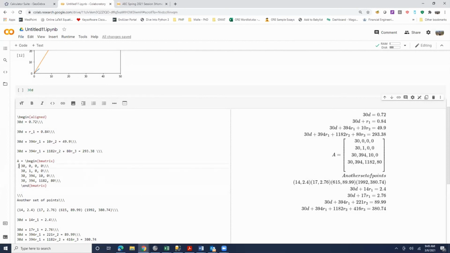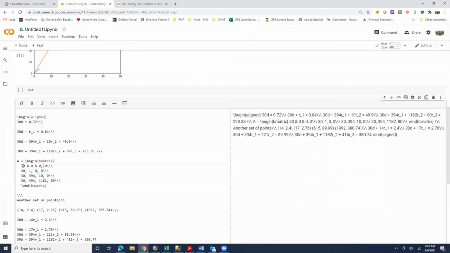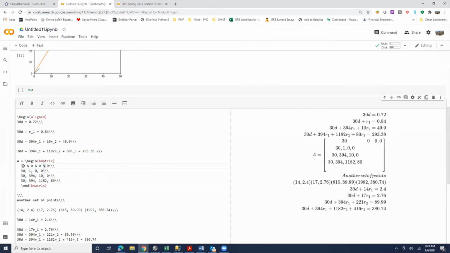Yeah, looks like I made some mistake in some syntax. Maybe I'm supposed to do it this way. Let me try. Yeah, I think I'm supposed to do it this way, so that it looks nicer.